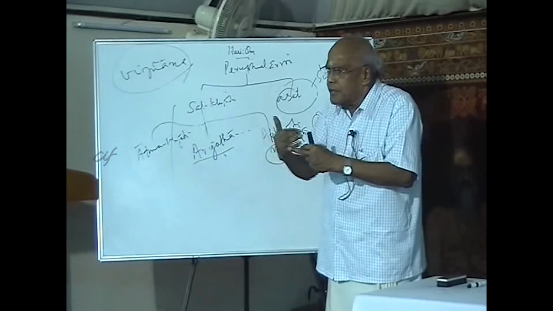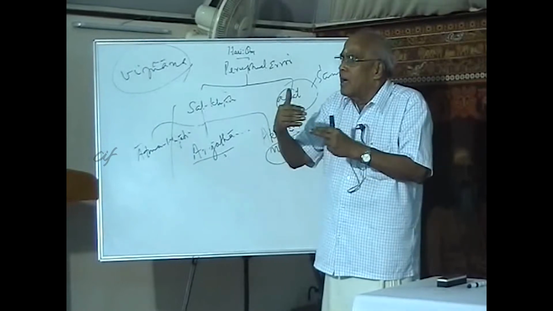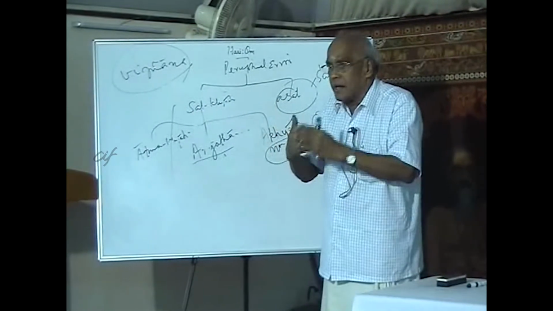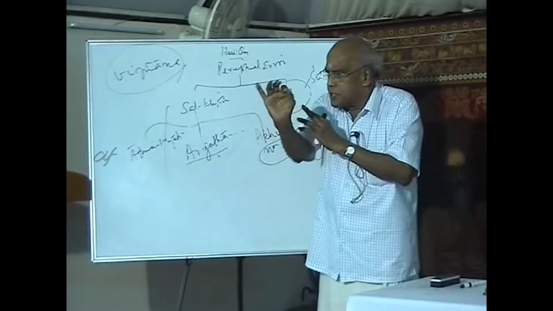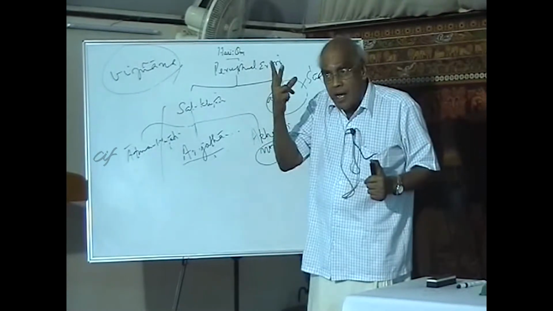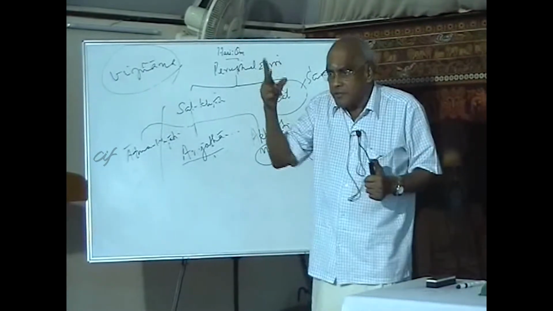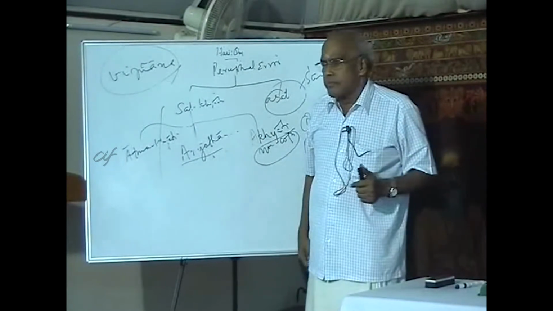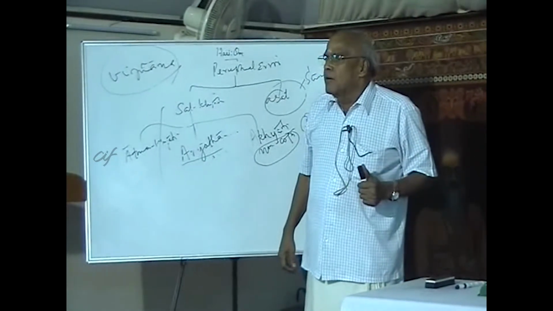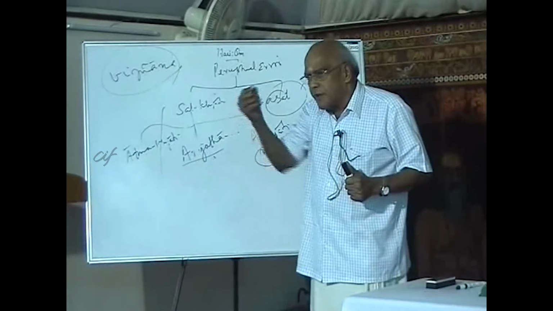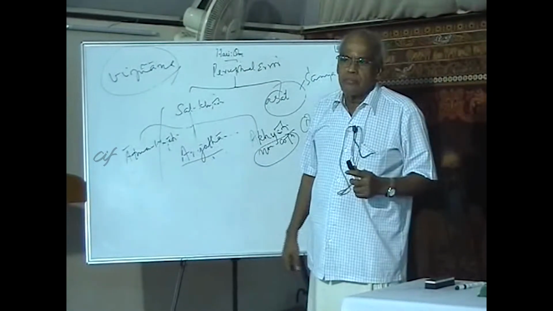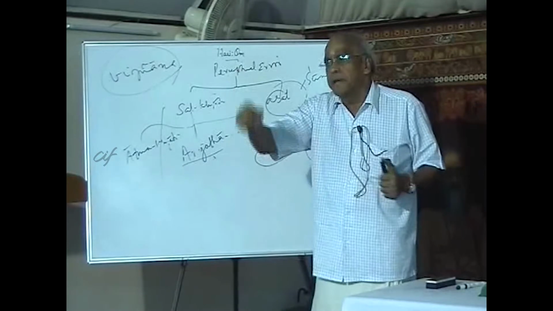Something corresponding to what we call agrahana and anyatha-agrahana. Agrahana is omission. Anyatha-agrahana or viparyaya-agrahana is commission. You commit a mistake. In the one case, the failure to notice something. In the other case, misinterpreting the given.